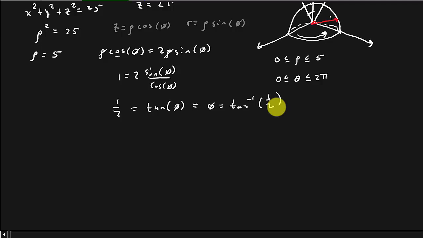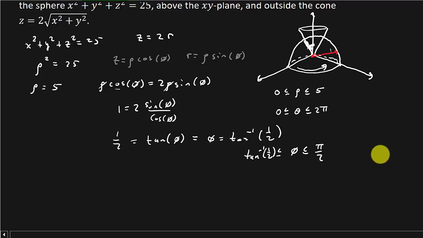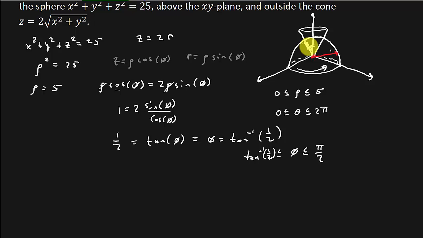So you can see that phi is going to go from inverse tan 1/2 to pi over 2. That's phi. That's the angle here.